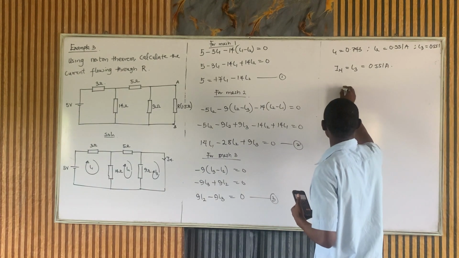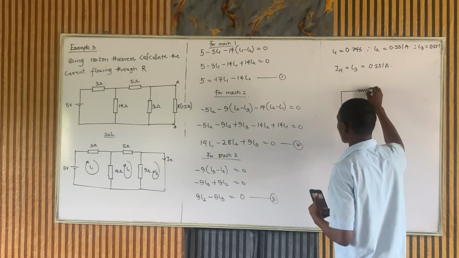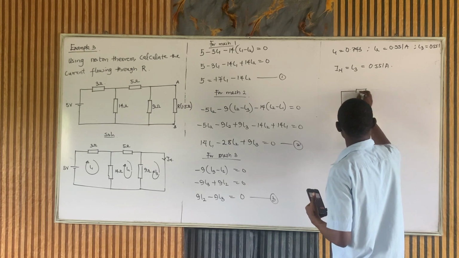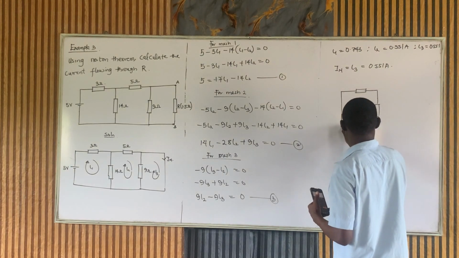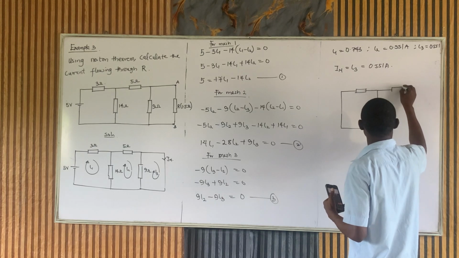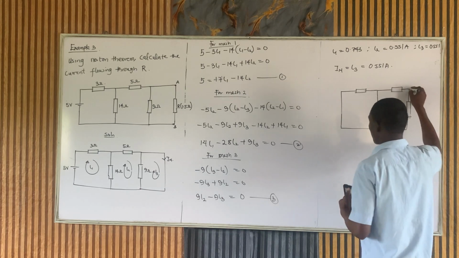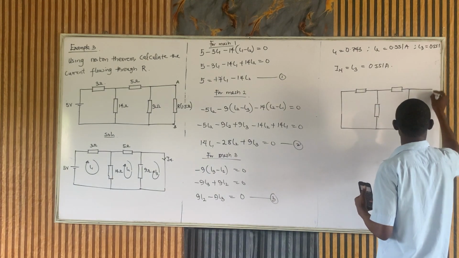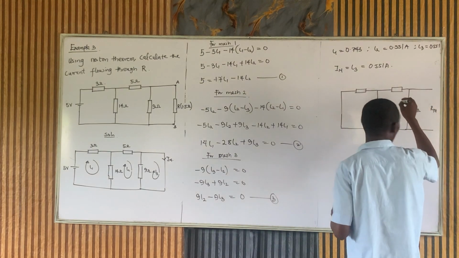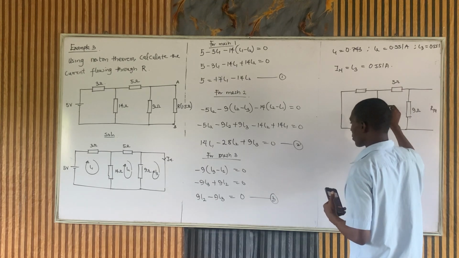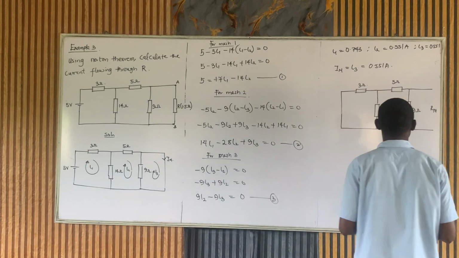For our Rn we will deactivate the voltage source. Okay, so from here now, no current is coming from here.